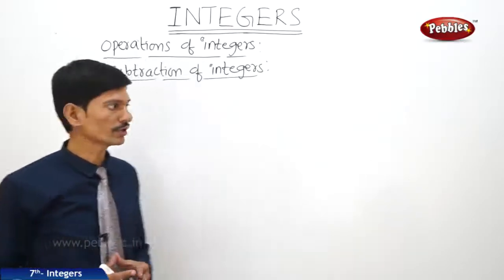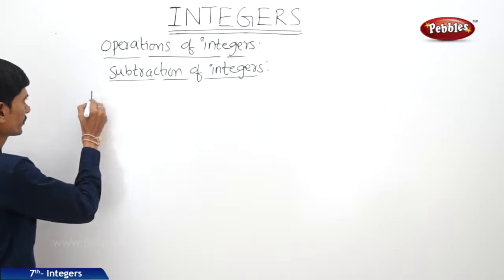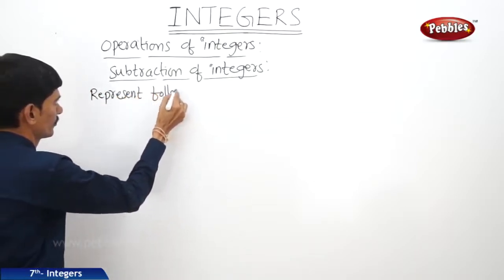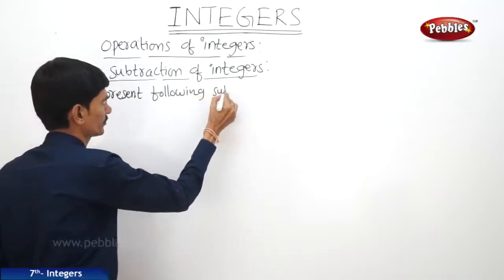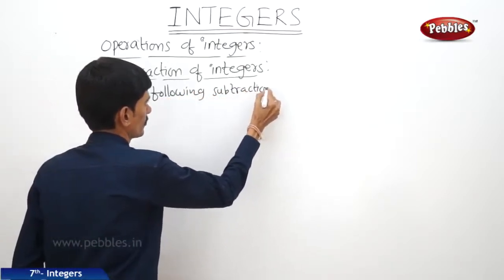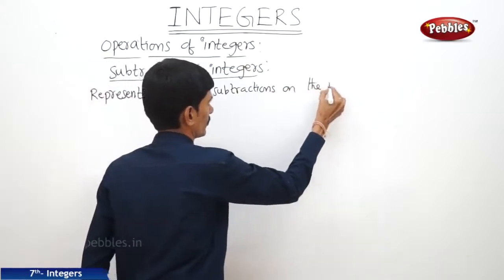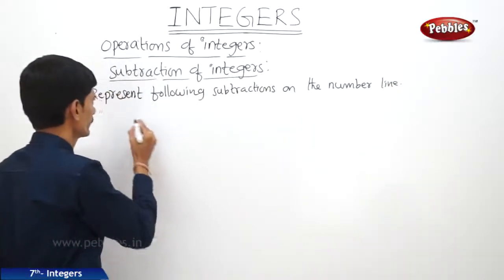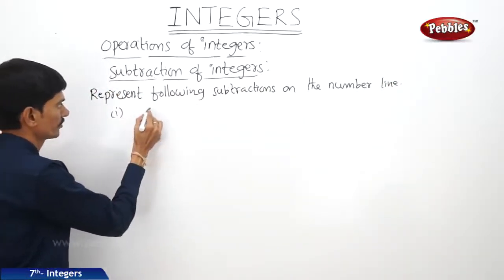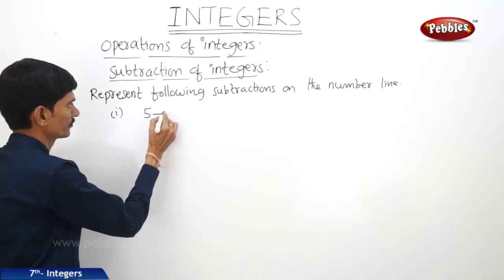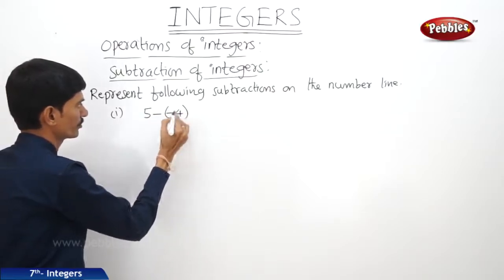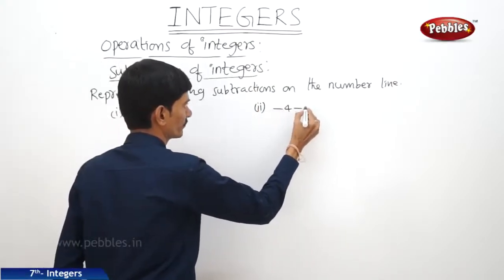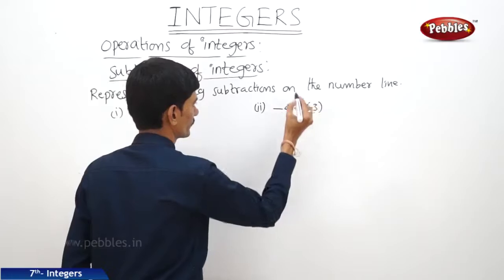Now let us represent the following subtractions on the number line. So first question is 5 minus of minus 4, and the second question is minus 4 minus of minus 3.